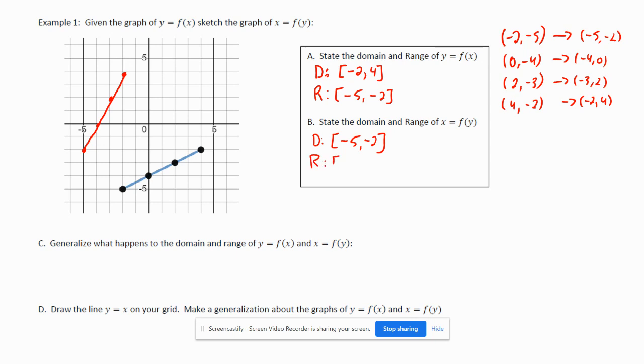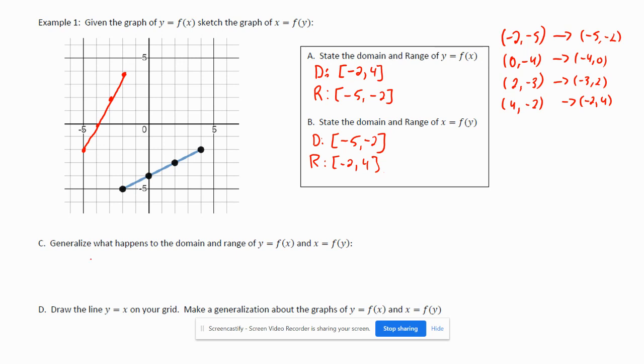So hopefully we're recognizing that the domain and range are the same values, but they're just flipped, which makes sense. If we're flipping our input and output values, or our x and y values, the domain, which is all of the inputs, becomes all of the outputs because they're getting switched.